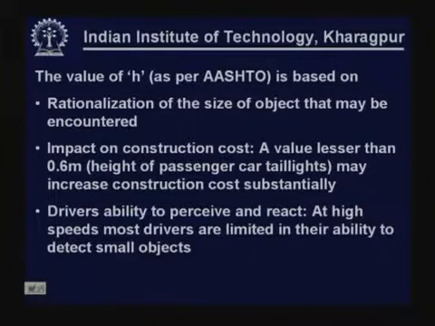It is found that at high speeds, most drivers are limited in their ability to detect small objects. So, when the object height is decided, which is recommended as 0.6 meter as per AASHTO, all these points are considered.